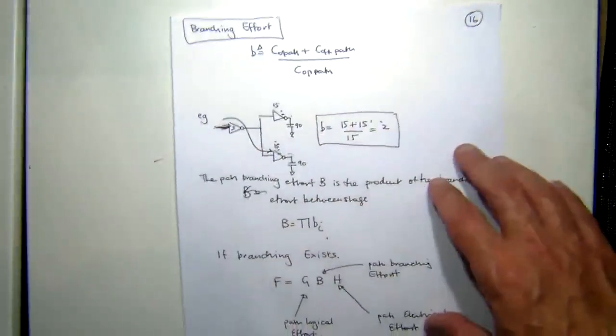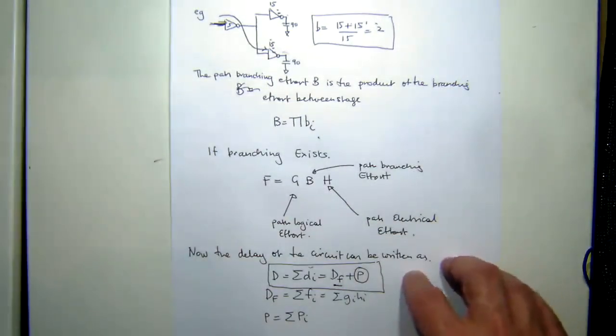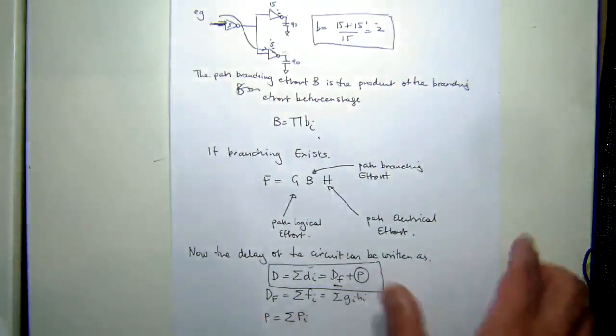We talked about branching efforts, and then we worked out what the delay of the circuit was in terms of logical effort, branching effort, and parasitic delay.